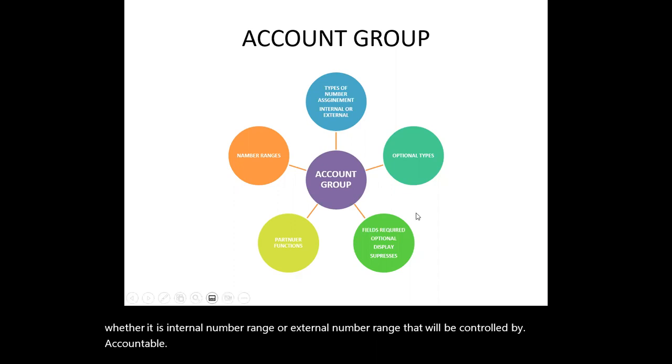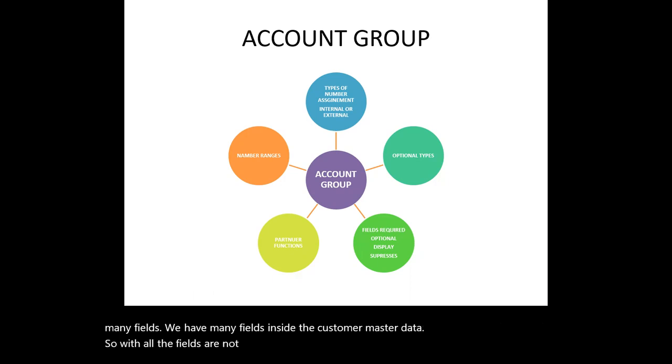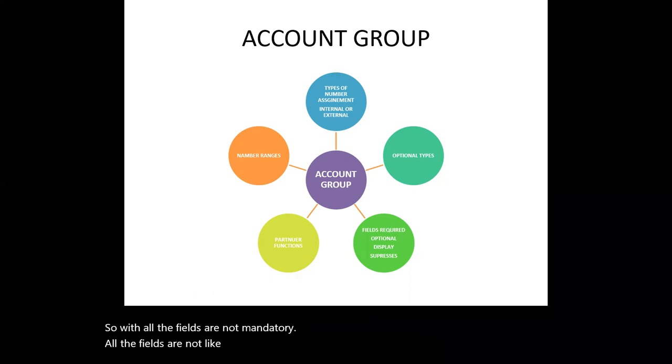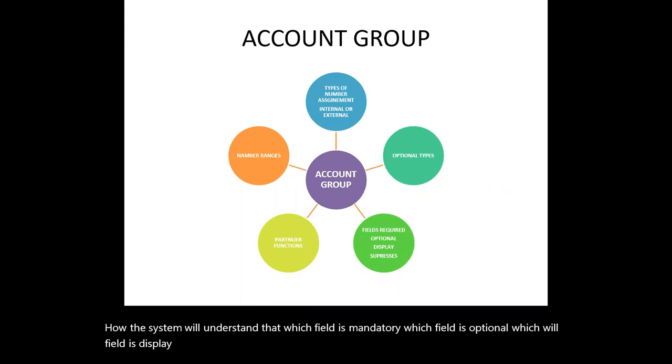And it also controls field options. We have so many fields inside the customer master data, and all the fields are not mandatory, and all the fields are not optional. How will the system understand which field is mandatory, which field is optional, which field is for display purpose, and which field is suppressed?